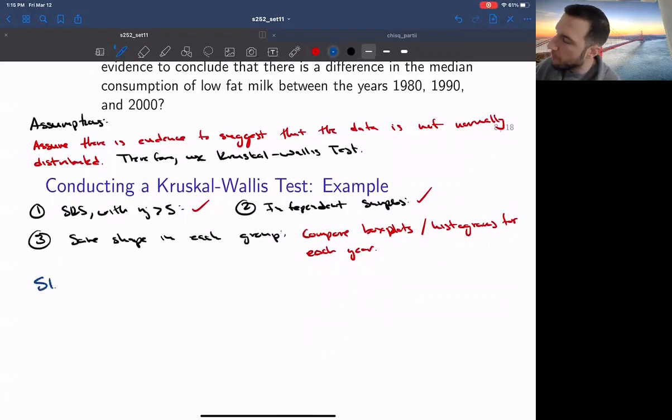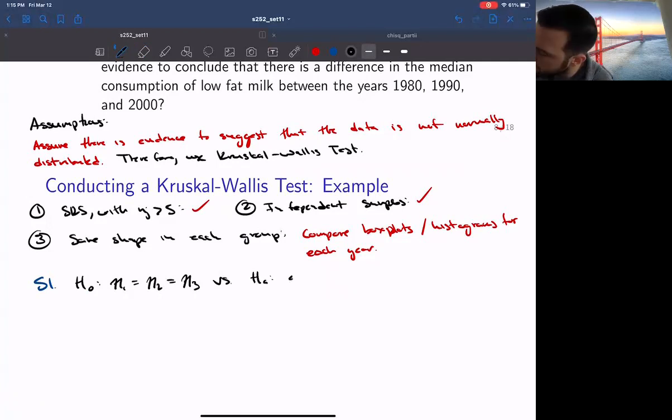Okay, so on step 1, we have H0: eta 1 equals eta 2 equals eta 3 versus HA: at least one pair of medians differ.